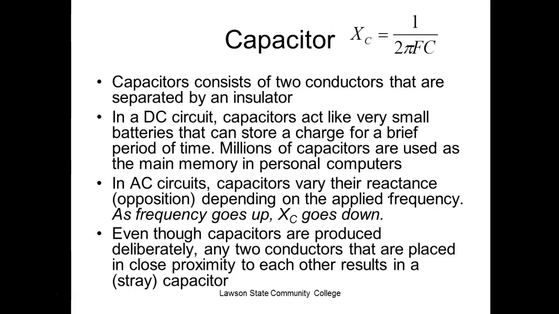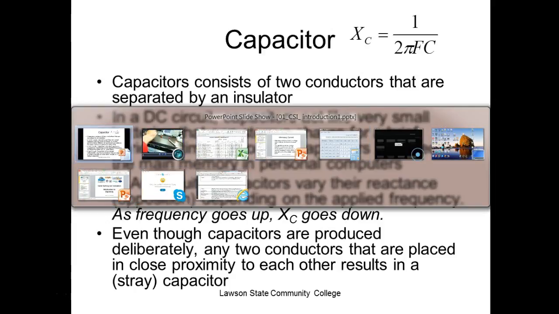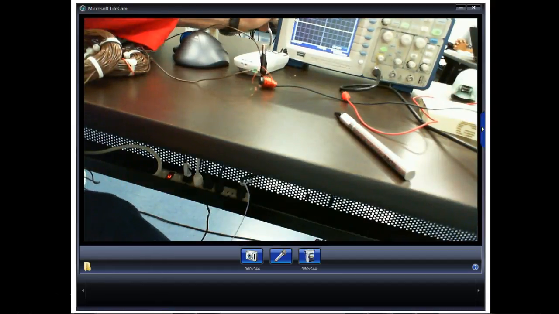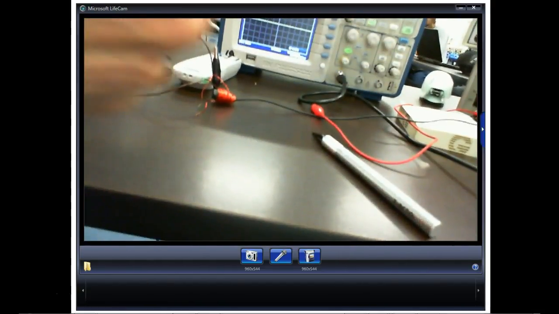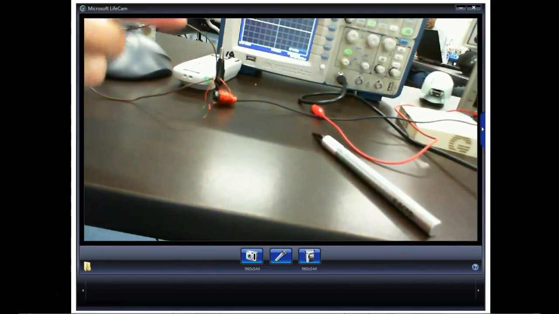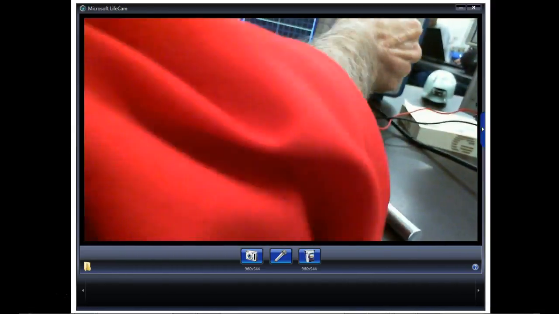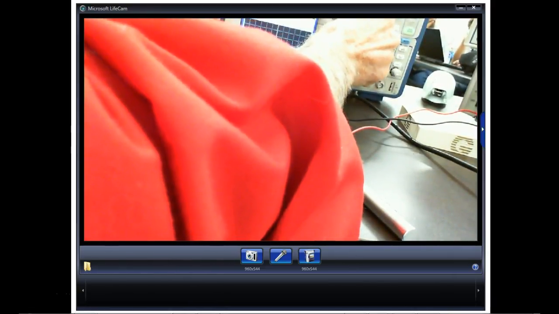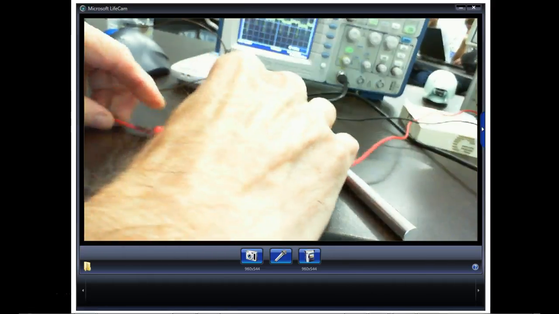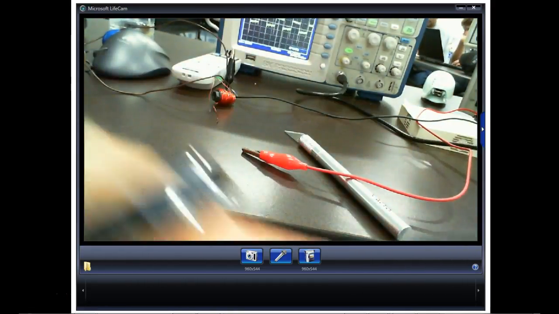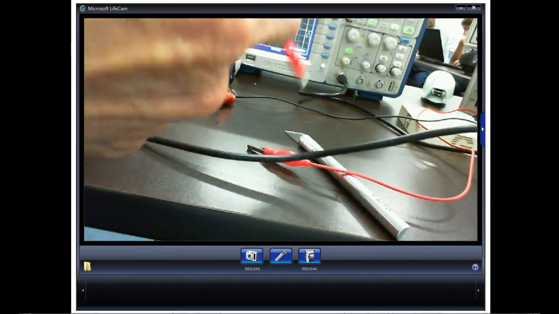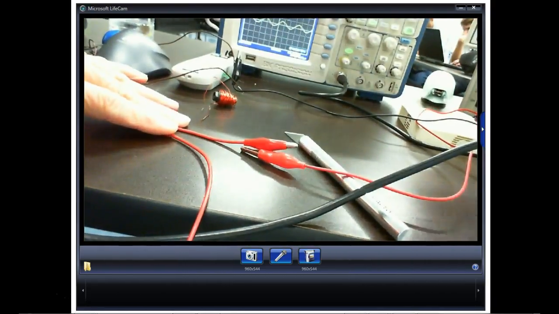So I'm going to switch back over to my camera. All I've got here is my oscilloscope, and here's a conductor coming out of my function generator. Let me put it on sine wave.